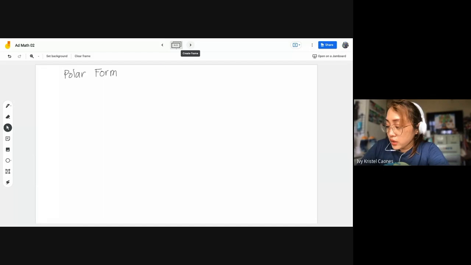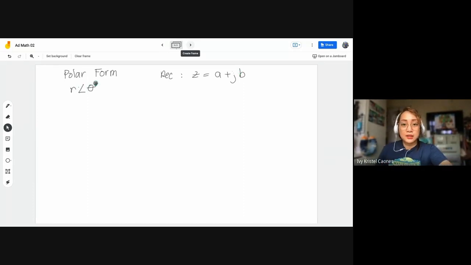So the rectangular form is z equal to a plus jb. The polar form is r bar angle theta. Okay? So, remember, this is our x, this is our y.